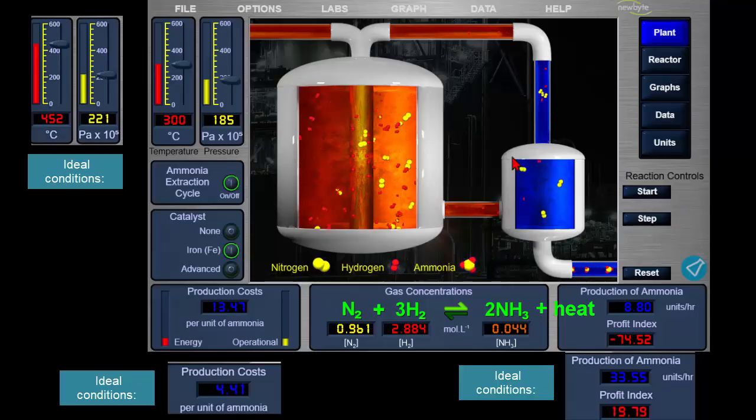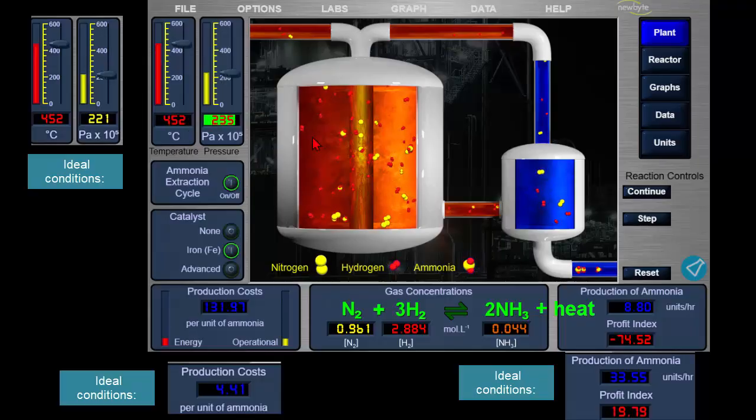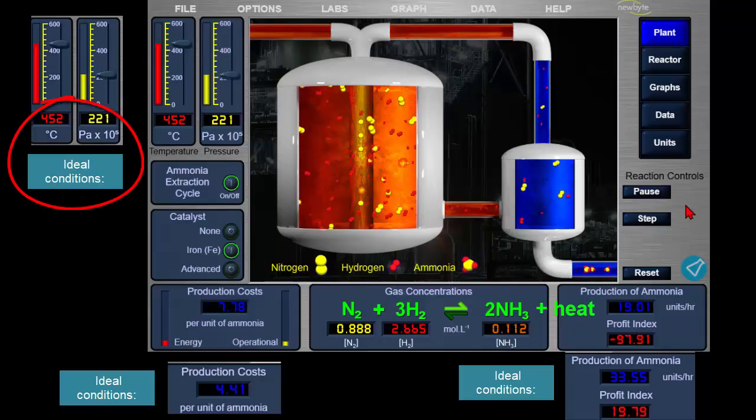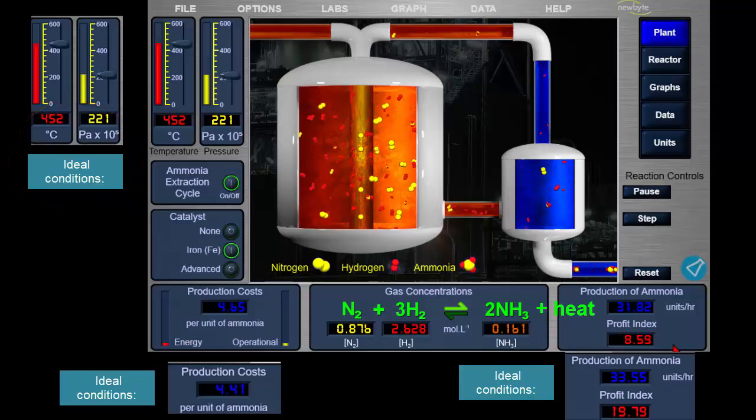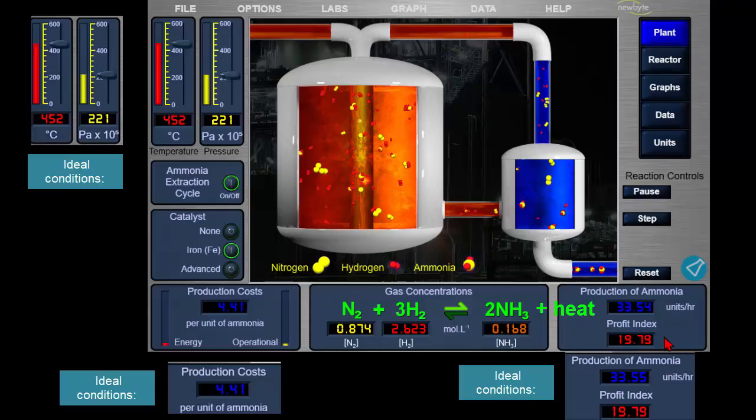So as far as I can tell, the correct answer, if you just type this in, is 452, and this one here is 221. Press continue. I think the best answer you can get is close to 20, 19.79 or 80. You can try and find a better answer, but I'd advise you watch this video first.